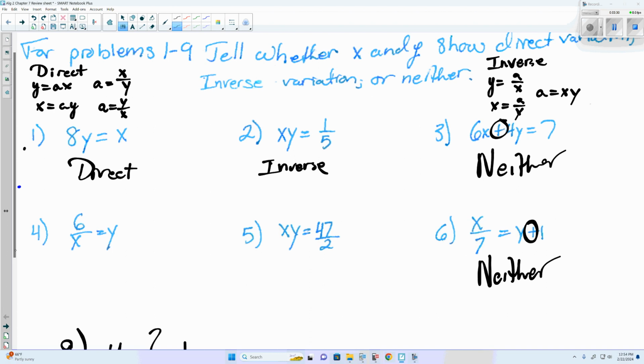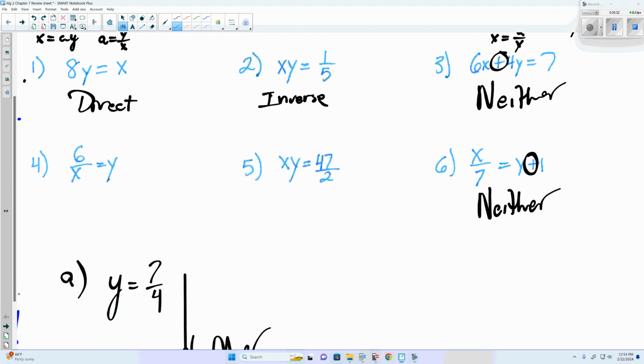Number 4 would be inverse. So again, that's why having them written down is helpful. We're just matching up formulas. And the last one, number 5, inverse. We're just matching them up to the form that they have.